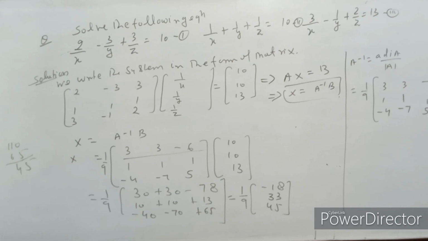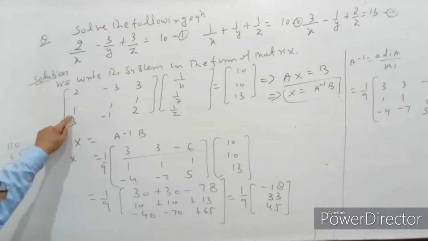Now we check the cofactor of second row again.